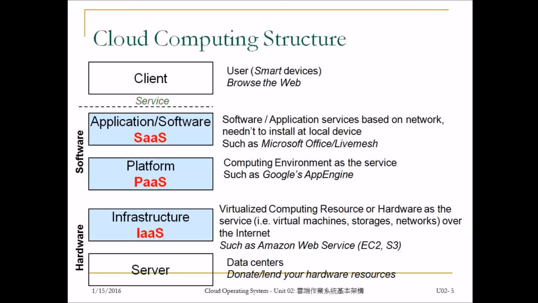The third layer is SaaS, software as a service. Based on the network, the client user can run a virtual machine based on the cloud computing environment. The client user has already selected the computing resource he wants and chosen the platform needed.